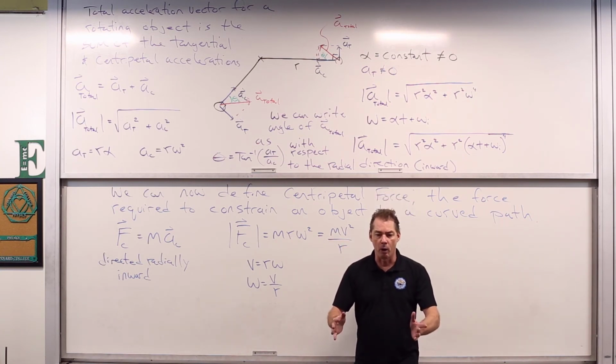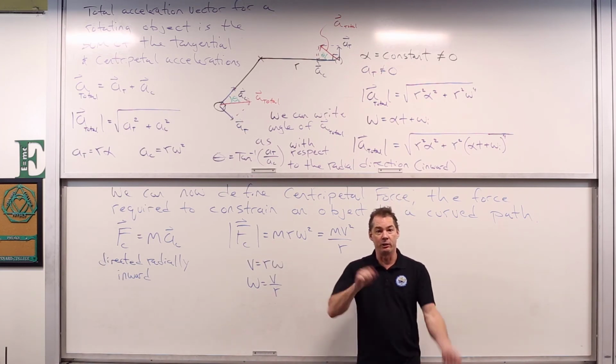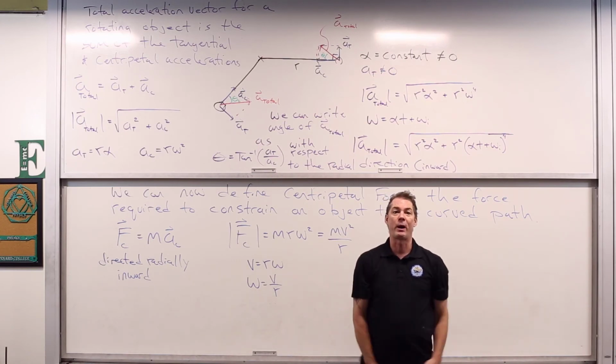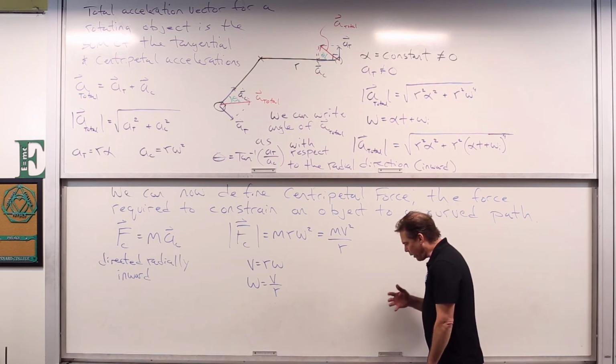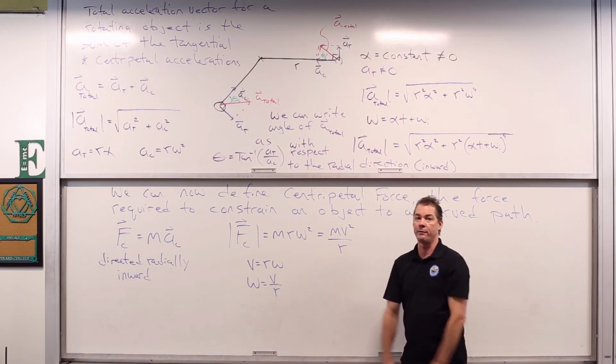You're driving down the road and you want to make a right turn, and guess what? There's no friction, the road's really icy, and you turn your steering wheel, you just keep on going straight because there isn't the friction required to provide the centripetal force that allows the curvature.